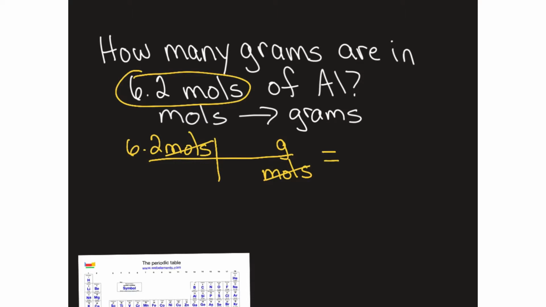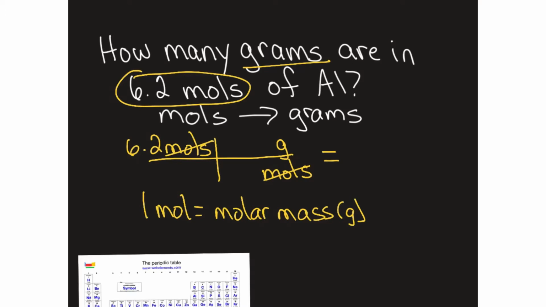Well, we know a relationship: 1 mole equals the molar mass, which is in grams, and that's what we need because they said how many grams. So where do we get this molar mass? The 1 goes with the mole, so we're going to put that there. But then we need to find out the molar mass of who?